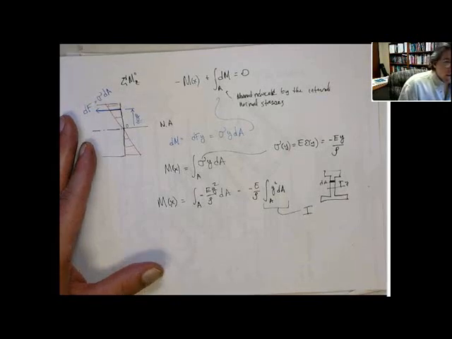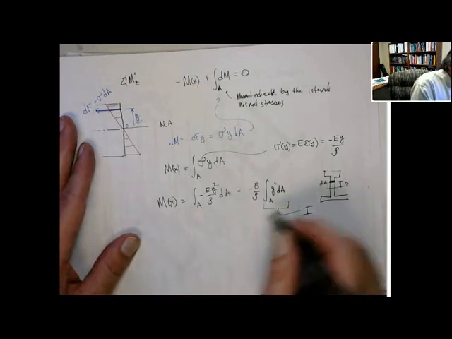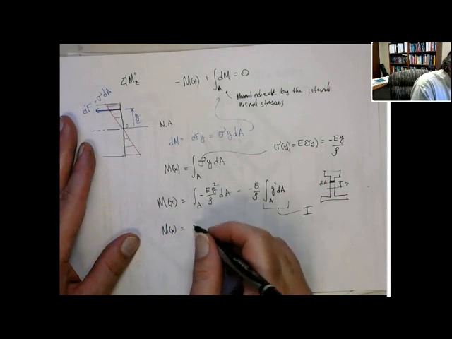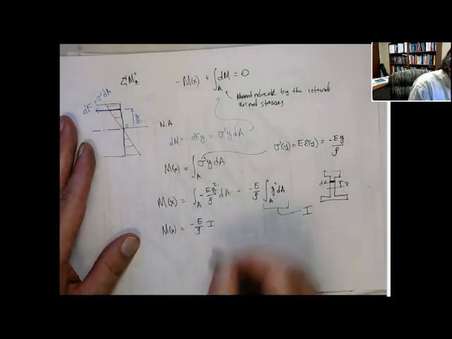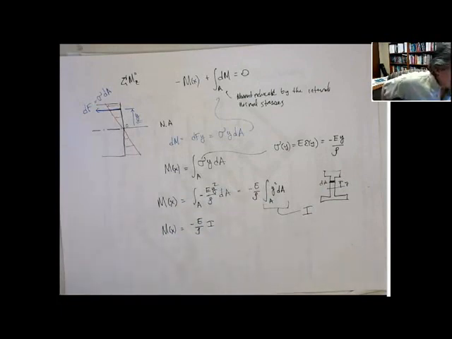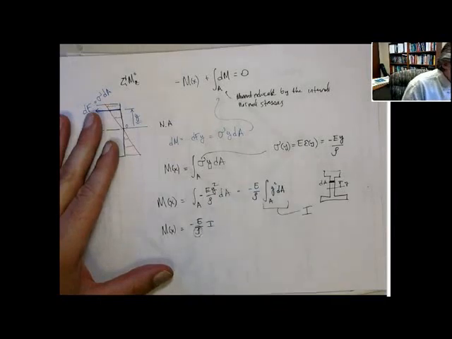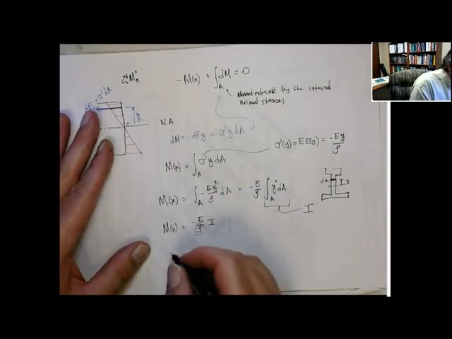All right. So now we got a relationship. We're going to call it I. So now we know that the bending moment equals minus E on rho times this geometric quantity. Well, now I can actually get the radius of curvature, or the curvature. We can do a little manipulation here.